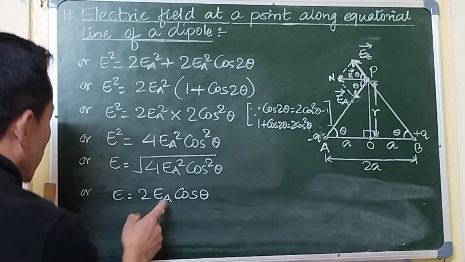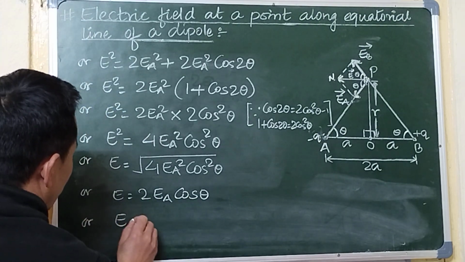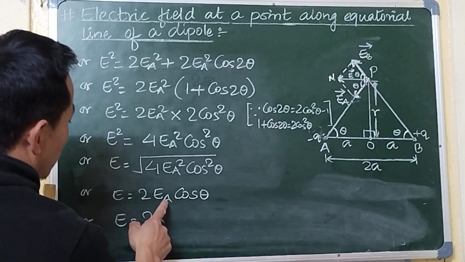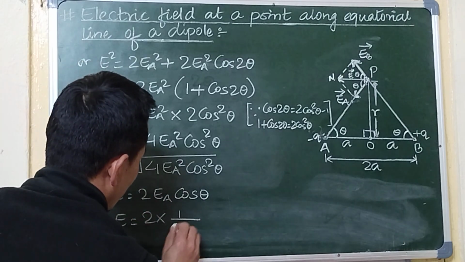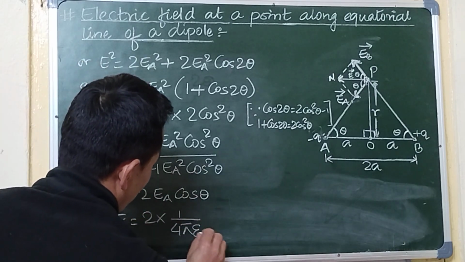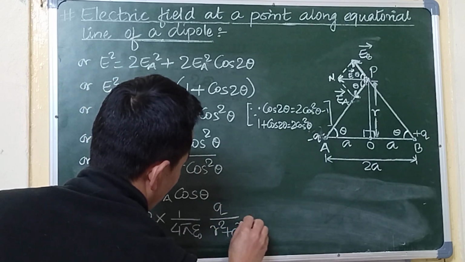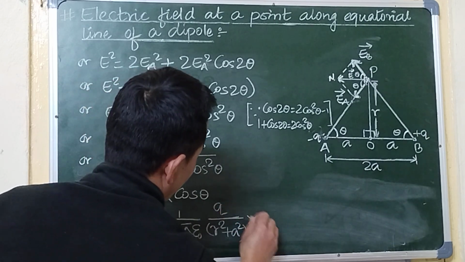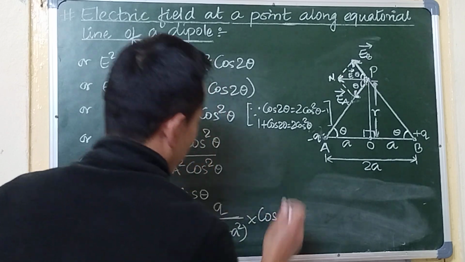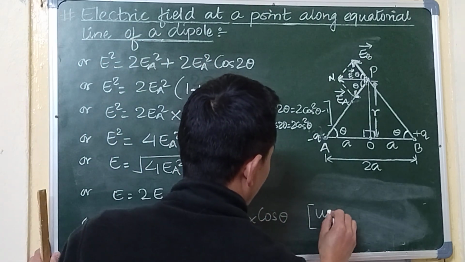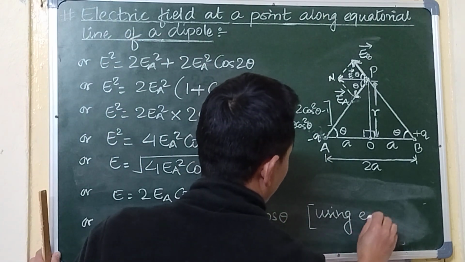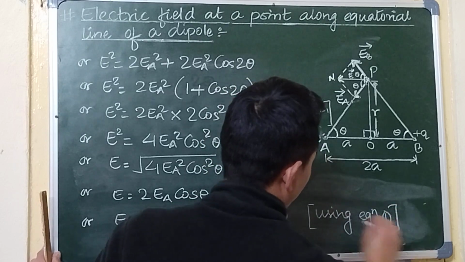Now from equation 1, we can replace the value of EA here. So twice the value of EA was 1 by 4 pi epsilon naught Q divided by R square plus A square into, we have this term cos of theta. Here you can write using equation 1.